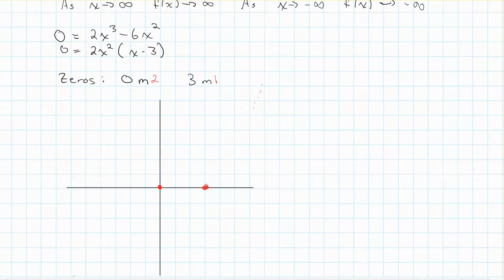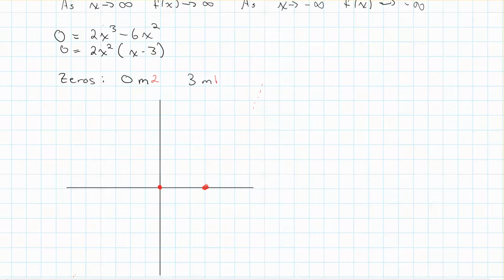What I like to do is plot a couple more points just to be careful here. And how do you plot a couple more points? Well, you just go ahead and look at what the values are. So let's put in what x equals 1 is here.